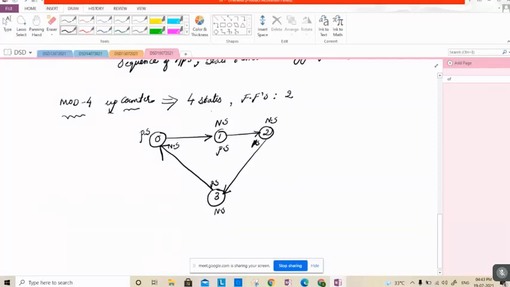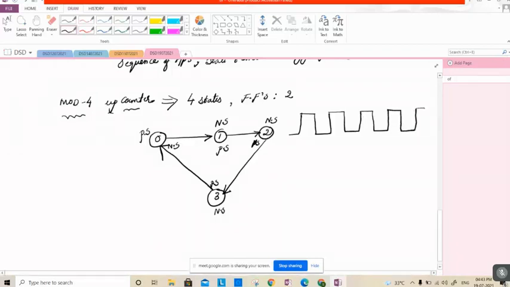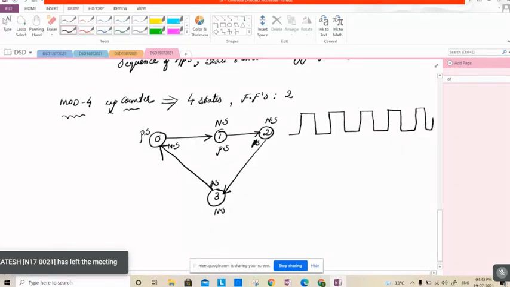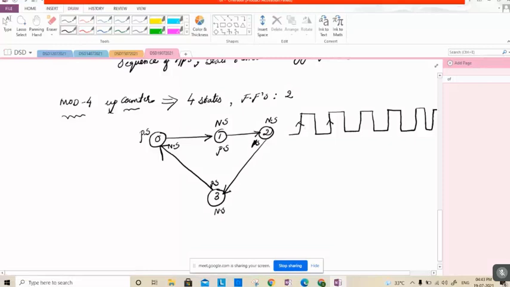Now one more thing here. With respect to the clock signal, we'll mark the states. Sir, a counter triggers on positive edges?